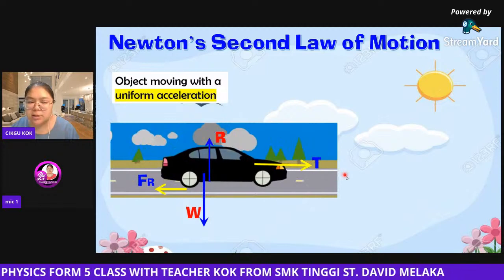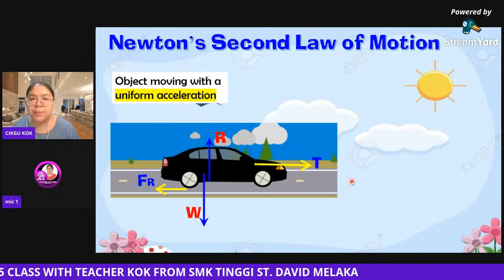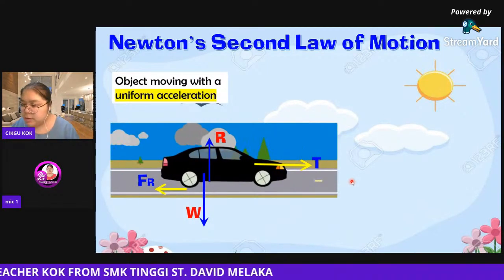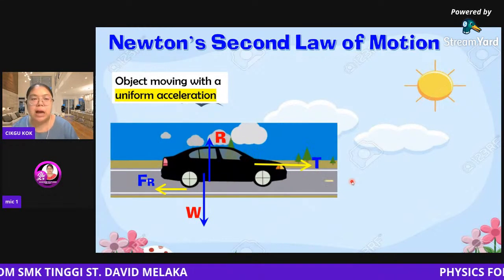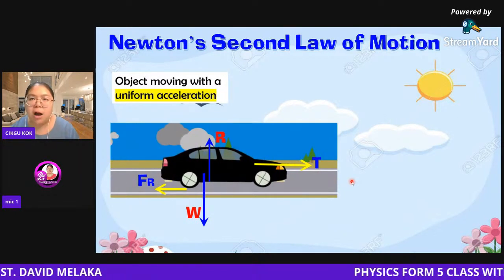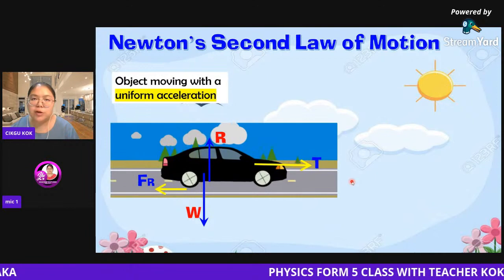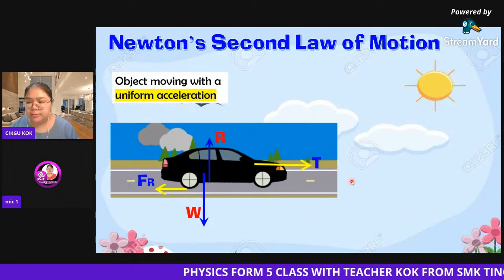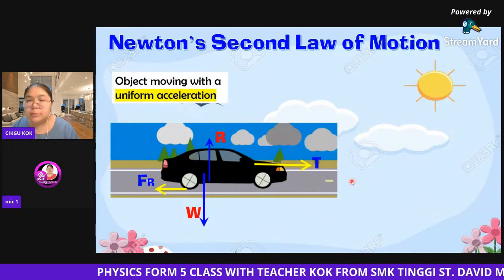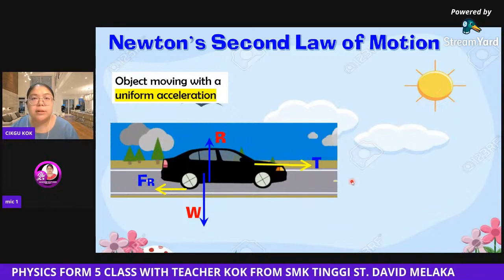Now which one is bigger? Thrust or frictional force? Anybody can answer here? Which one becomes bigger, T or FR, for uniform acceleration?